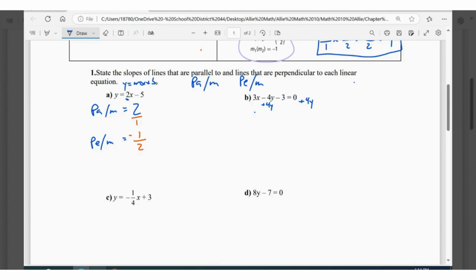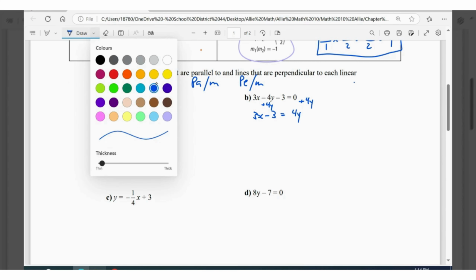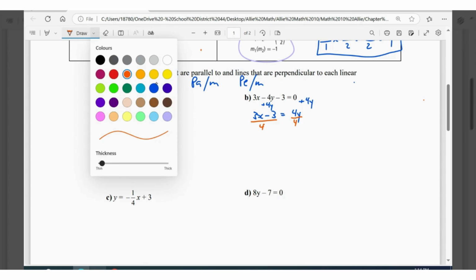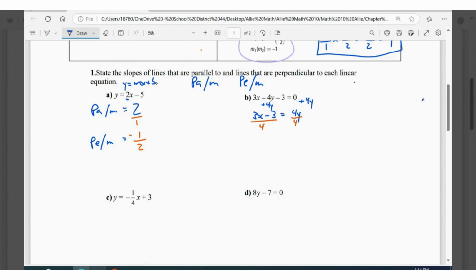So now we've got 3x subtract 3 equals 4y. Now we want the y by itself. Let's divide both of these by 4. And now in our slope-intercept form, we have y equals 3 over 4 x, subtract 3 over 4.